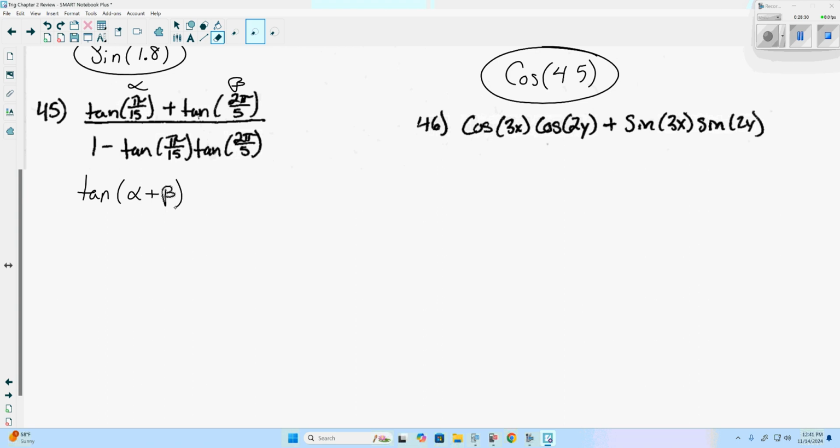Now if instead of plus on top it was minus, and instead of minus on the bottom it was plus, then we would have difference. So we're looking less at the angles, more at what the rest of it matches up with. So here we'd have tangent of pi over 15 plus 2 pi over 5.